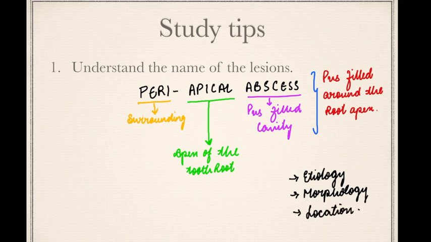Once you understand this, whenever you come across this lesion, the name of this lesion again, you can easily recollect its characteristics. That's why understanding the name of a lesion is very important.